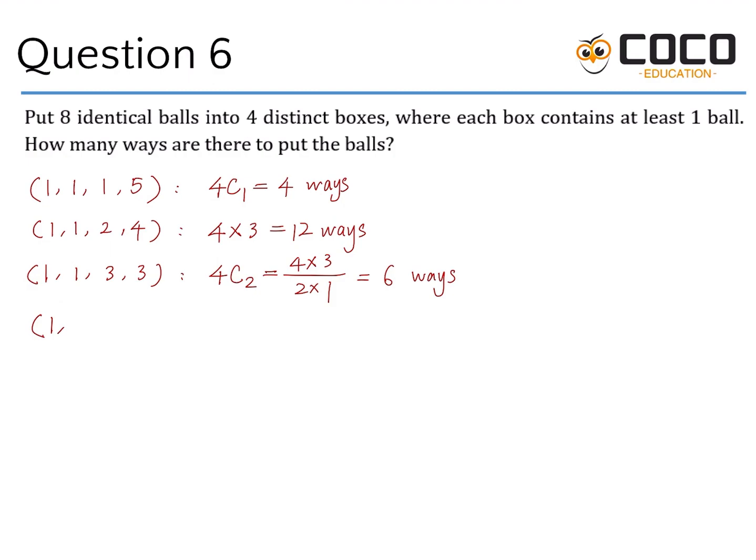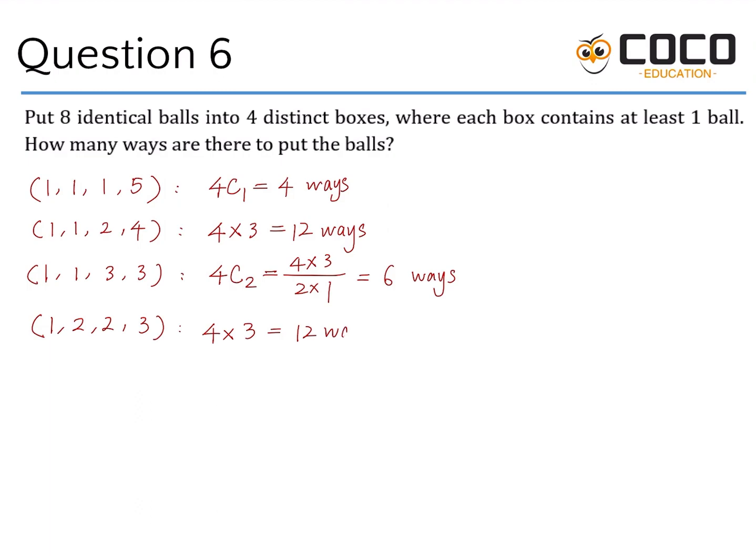So let's check 1, 2. If it's 1, 2, 2, then the last one is 3. For the one with 1 ball, this is 4 ways. Then for the one with 3 balls, it can be any of the remaining 3 boxes. So that's 3 ways. Then the last 2 left, they can only be the 2 balls.